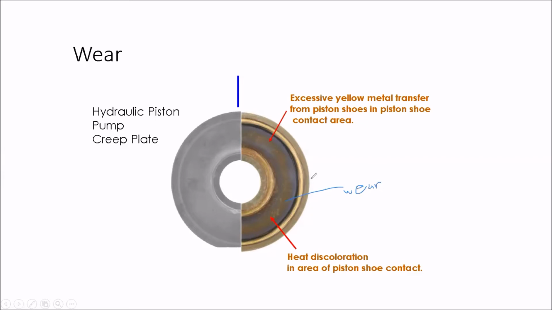These are some of the observations you can make during maintenance, when you open up the hydraulic system and observe the color of the surface of the components. If you have discoloration, that means the component is starting to wear. Discoloration means different colors.